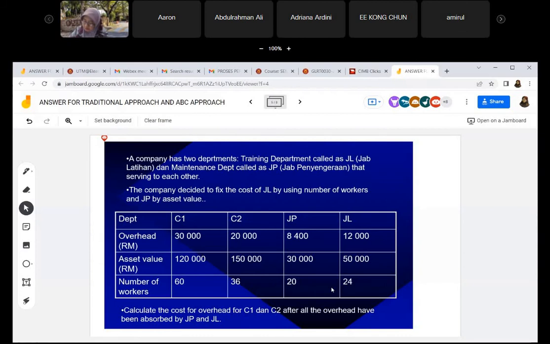Okay, what is the percentage for the C1? What do you get for C1 untuk JL, from JL? Buat yang lain dulu tak apa.